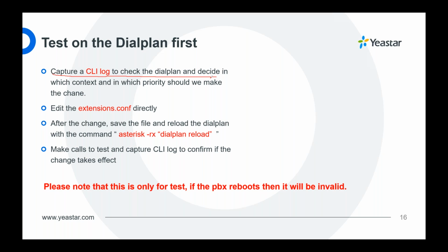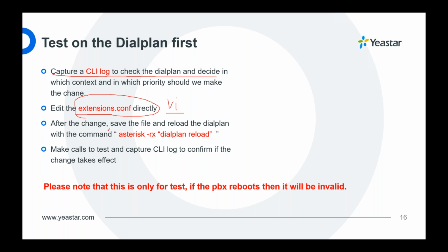Then we can edit the extensions.conf directly. We use vi. We go to /etc/asterisk, find this file, and use vi to edit it.